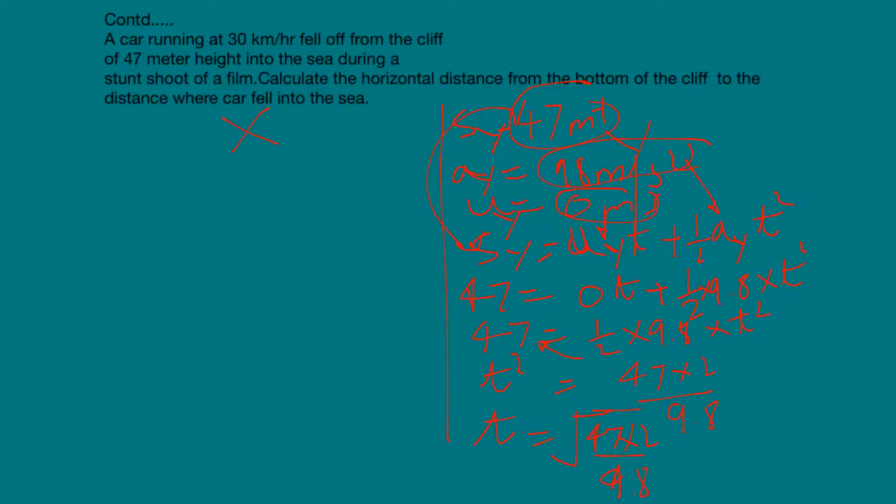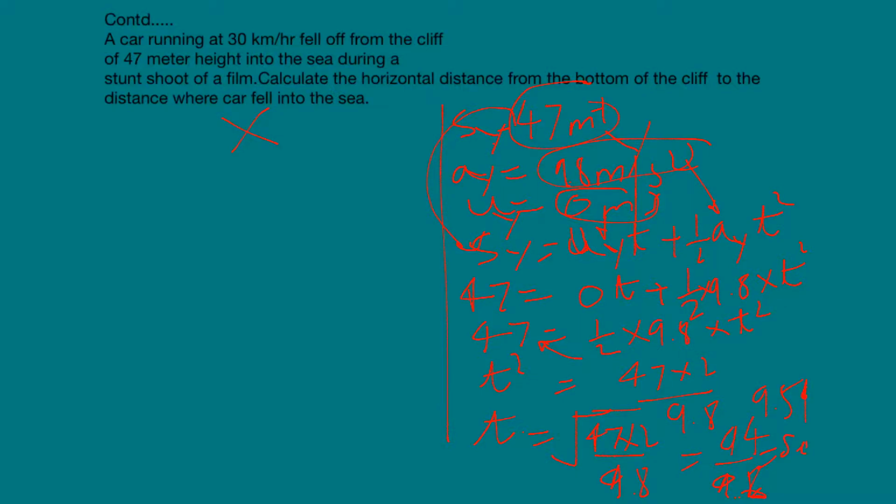So 47 2s are 94, 94 divided by 9.8. I will solve this on my calculator. So it is coming 9.59 seconds. So the time is coming as 9.59 seconds.